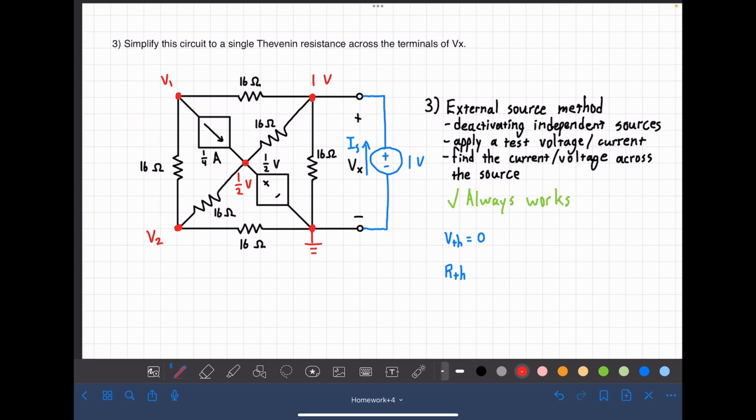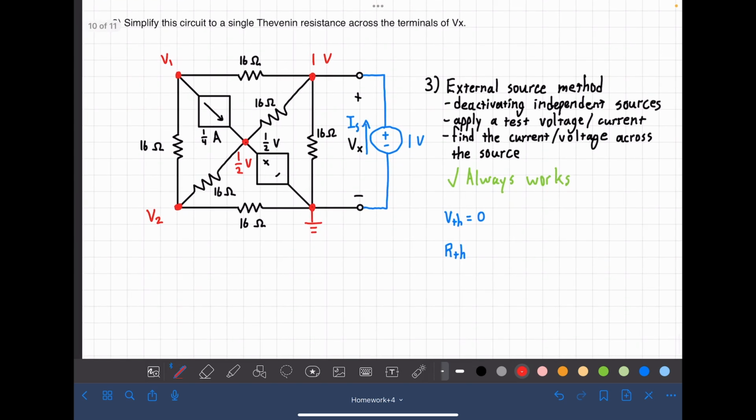So we're going to make our equations real quick. Starting with V1, we'll go V1 minus 1 over 16 plus the 1/4 of an amp because it's exiting, plus V1 minus V2 over 16. All that equal to 0.